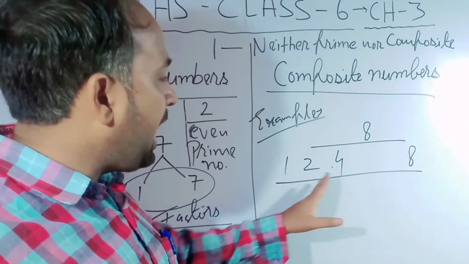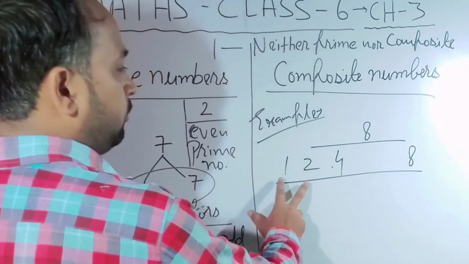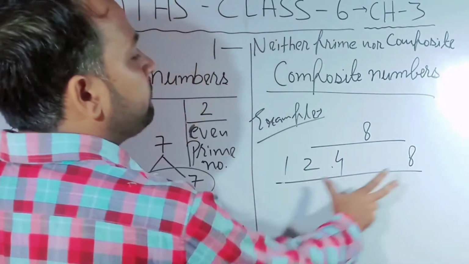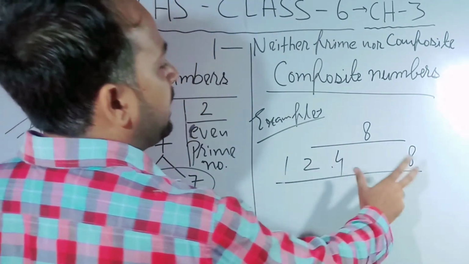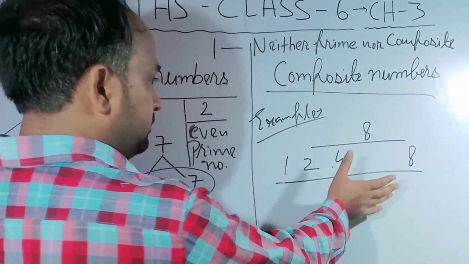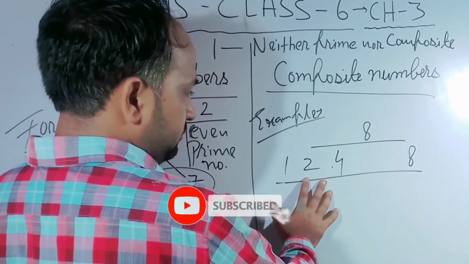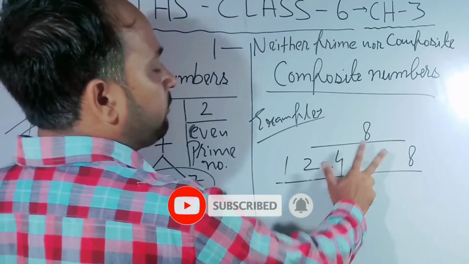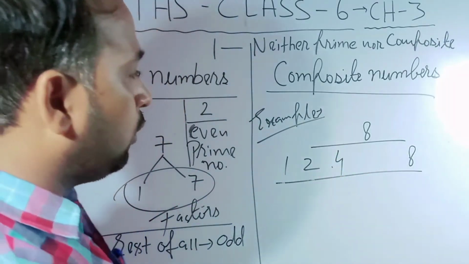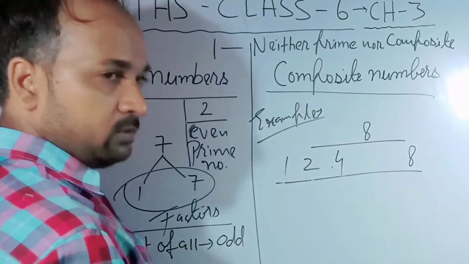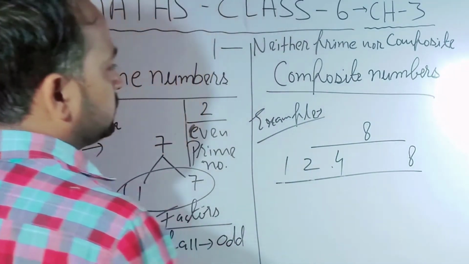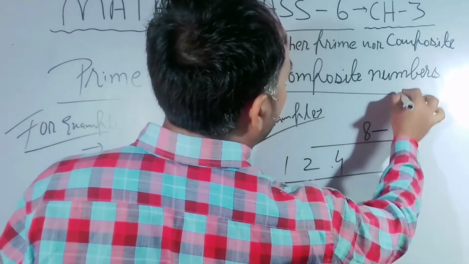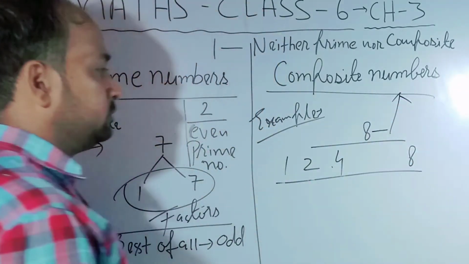So it will have 4 factors: 1 and the number itself, besides 2 and 4 also factors of 8. So this number is called a composite number.